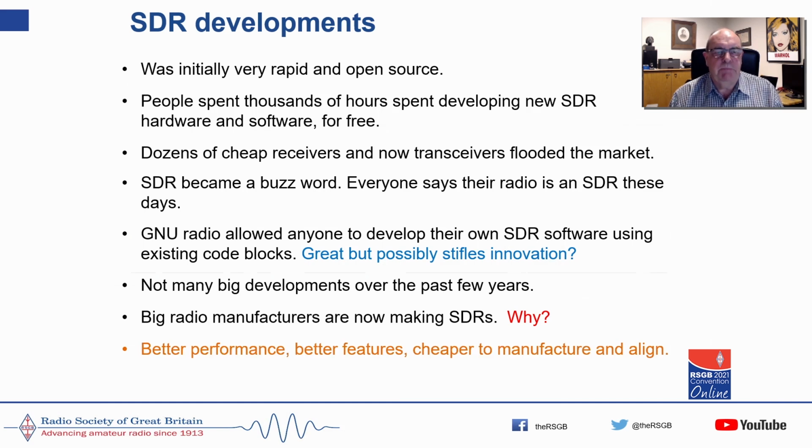The answer is better performance, better features, much cheaper to make, because RF circuitry is difficult to make, and difficult to make well, particularly filters and things like that. Good filters are expensive to make and difficult to tune. And because so much of it's in computer software, there's really no alignment required with these new radios. So it makes the production line much easier.